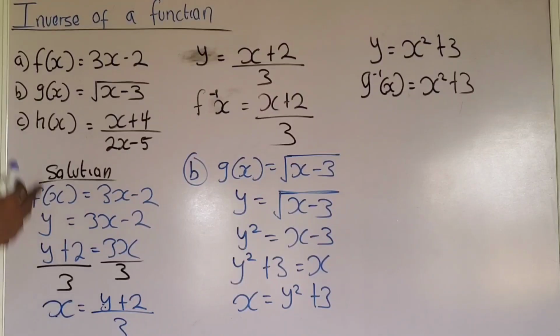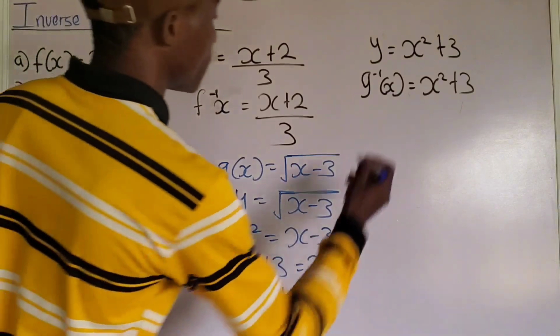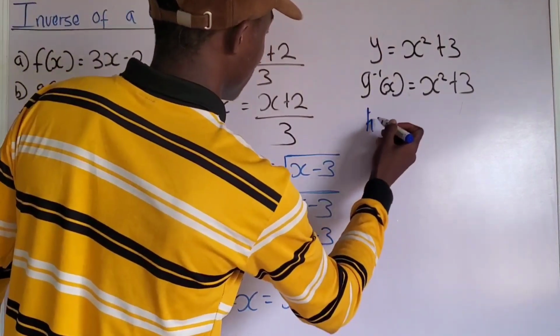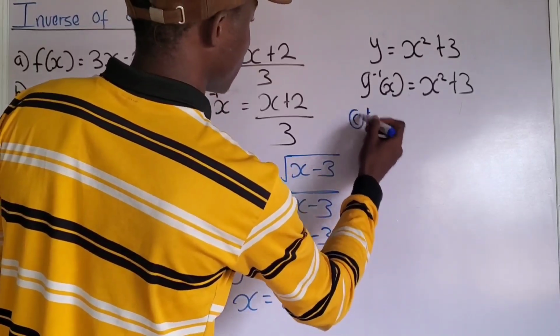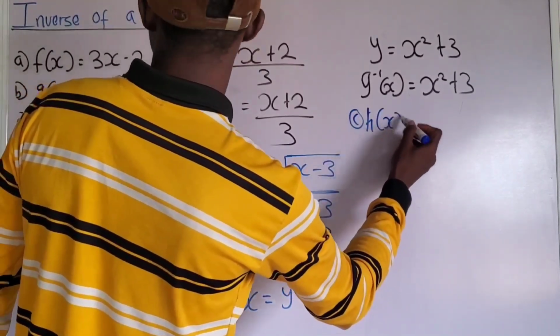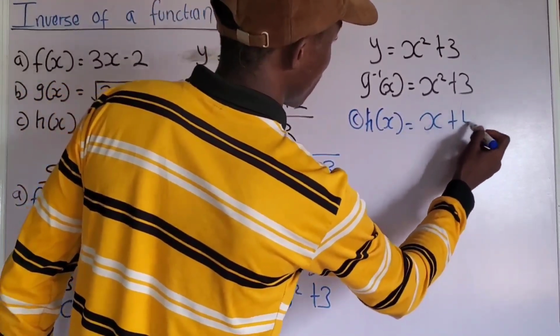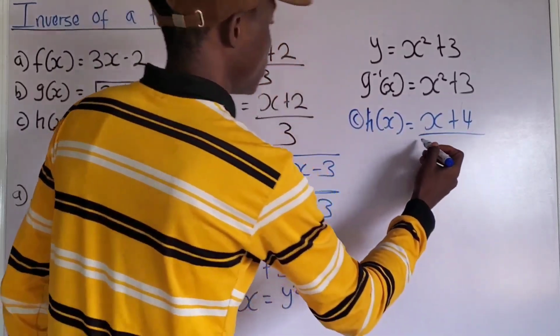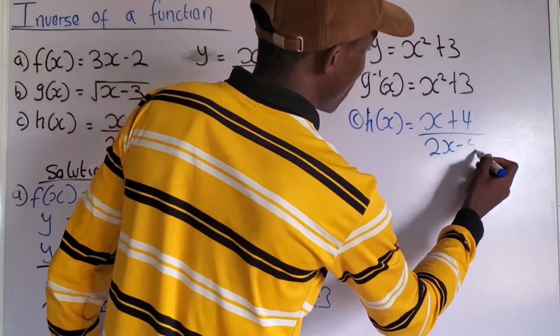We have h of x is equal to x plus 4 all over 2x minus 5. Okay, how do we find the inverse of h of x? For question C now, we have h of x is equal to x plus 4 all over 2x minus 5.